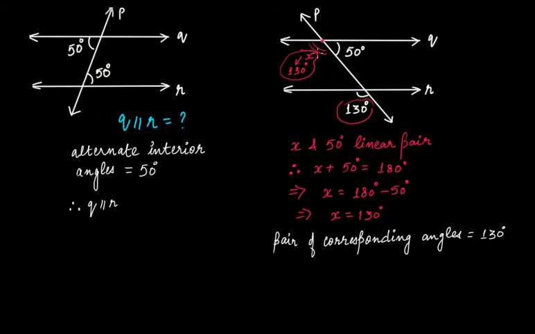That is, in this case, this pair of corresponding angles is of equal measure. Therefore, lines Q and R are parallel. Had it been the case that these two angles were not equal, even if it would have been 129 degrees, even in that case we would not say that these two lines Q and R are parallel.